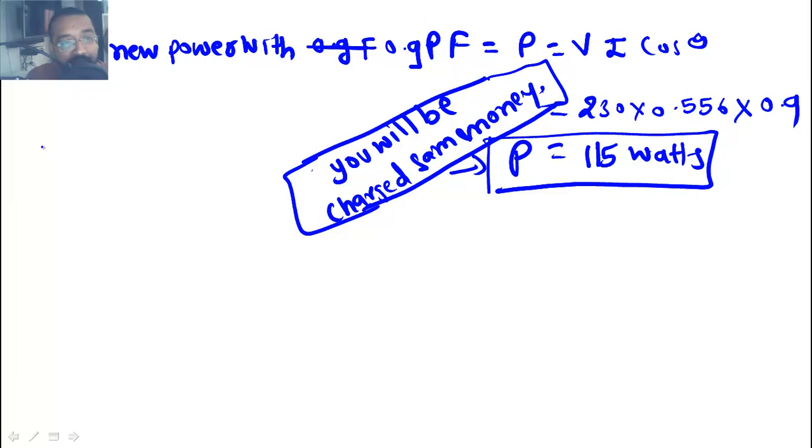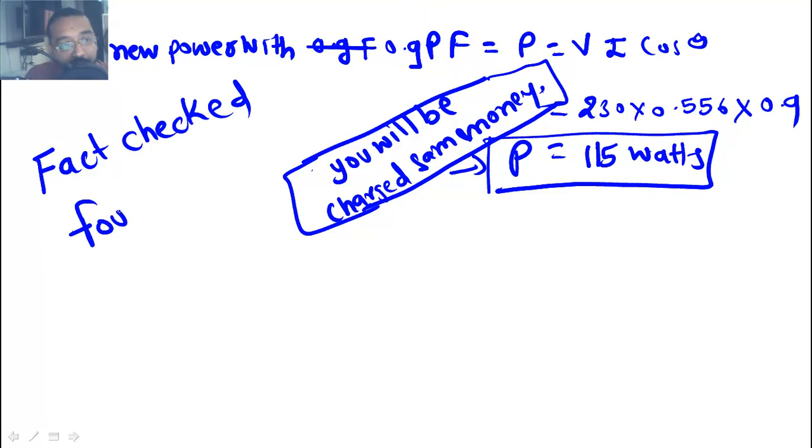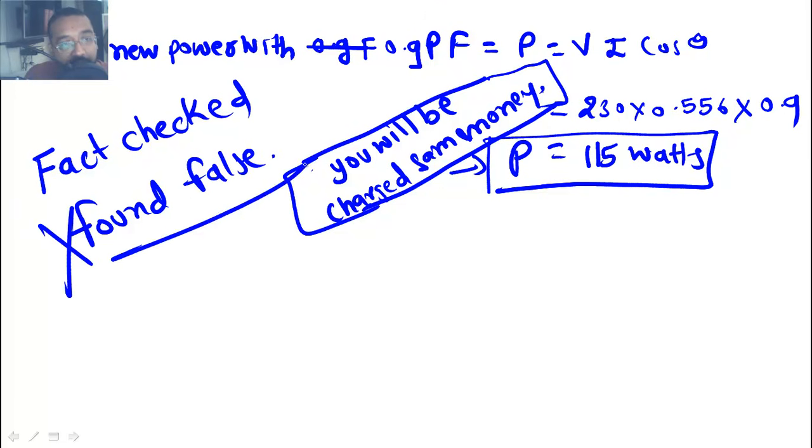So the fact has been checked and found false, that by installing the capacitor you are saving your money. You have to pay the same amount of money whether you are installing the capacitor or not. Now what are the advantages?